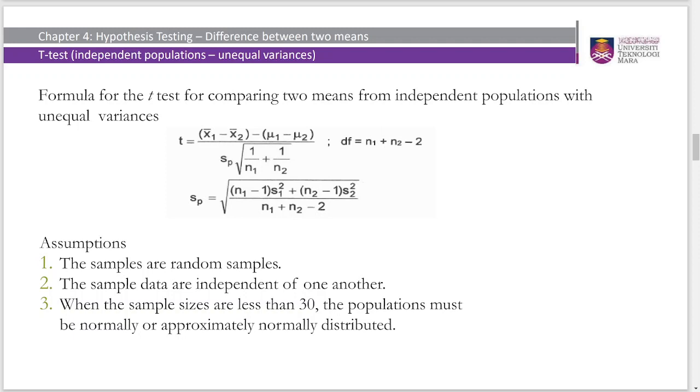This is the situation whereby you have unknown standard deviation or unknown variance for the two groups. Okay, kita akan tengok yang ni lah.